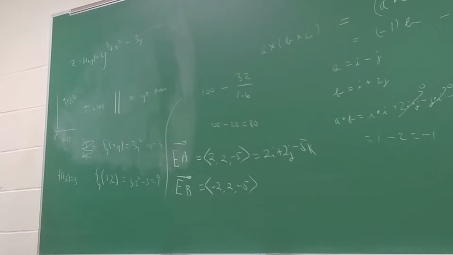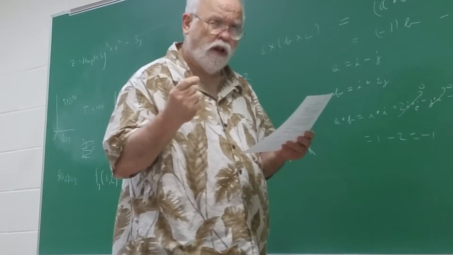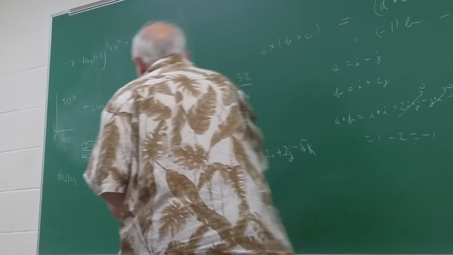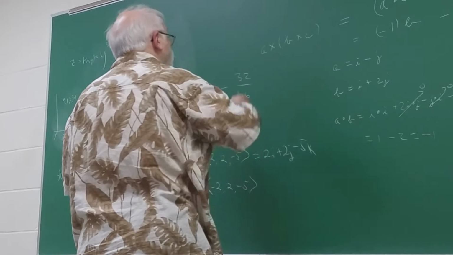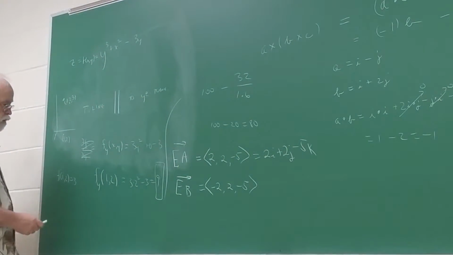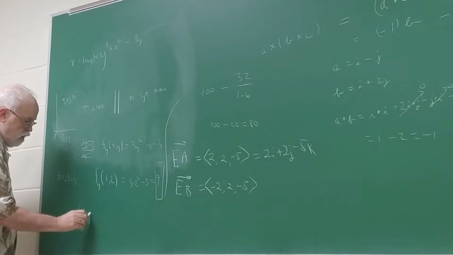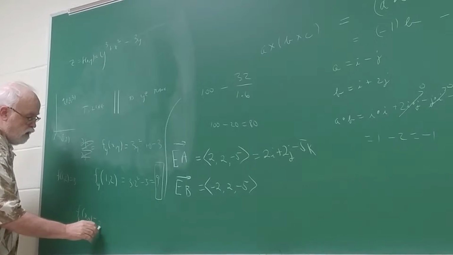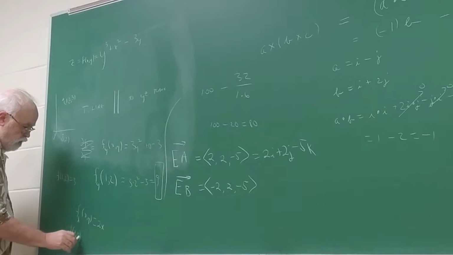So the answer is 9. If I had asked for the tangent plane, and instead I didn't even ask for an equation, all I asked for is the slope, so that's just a number. So this is my answer right there. If I had asked for a tangent plane, then I'd have also calculated the x partial. So f sub x of x, y would be 2x. And so then f sub x of 1, 2 would be 2.